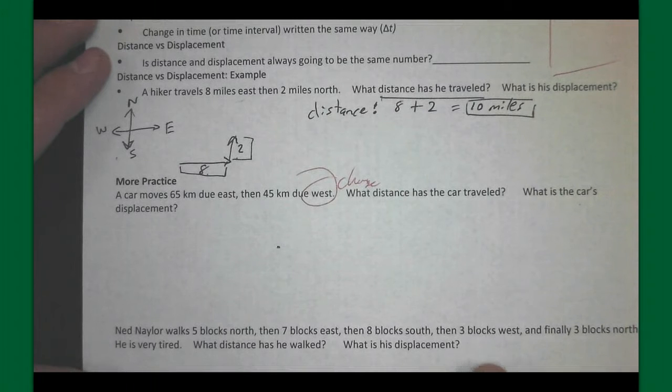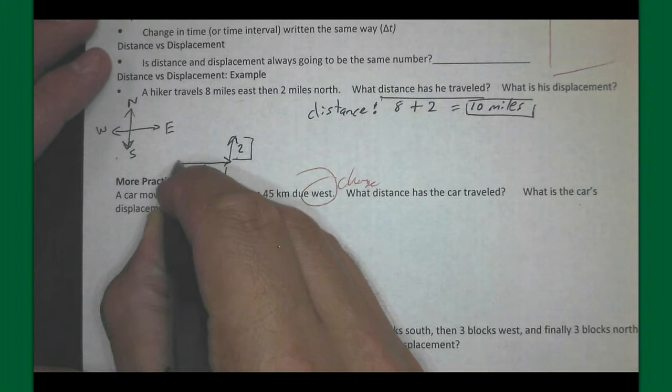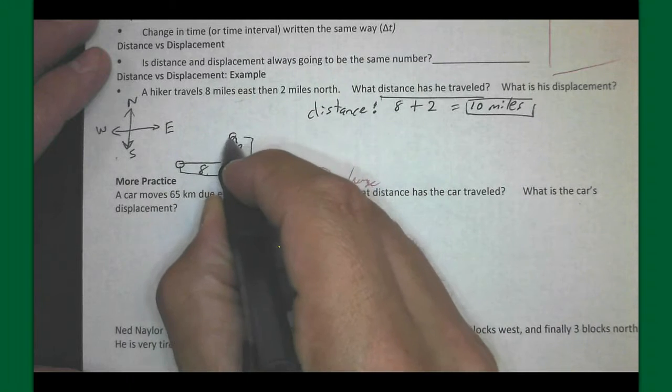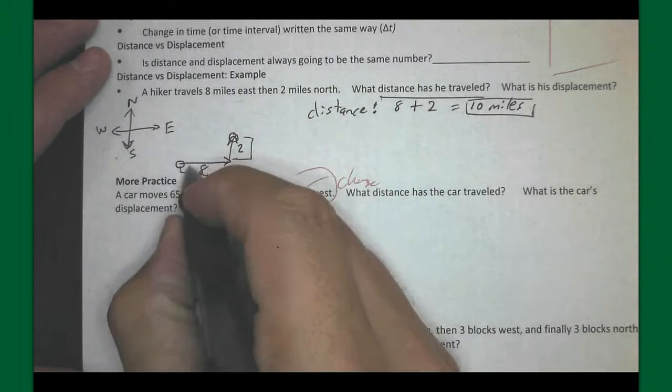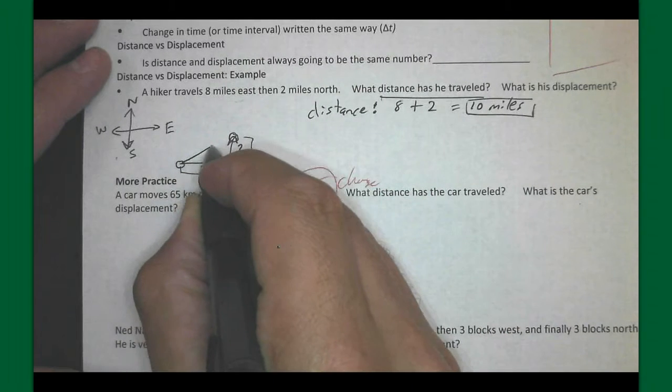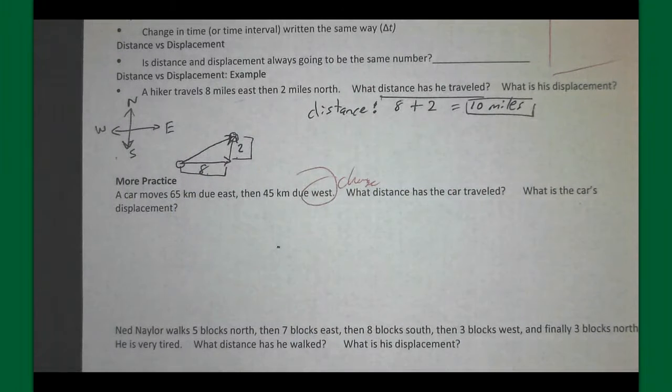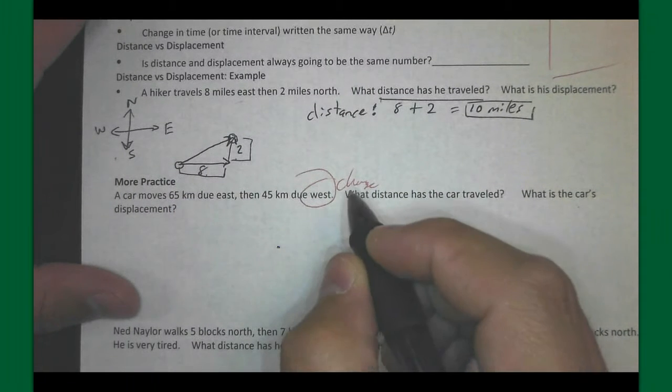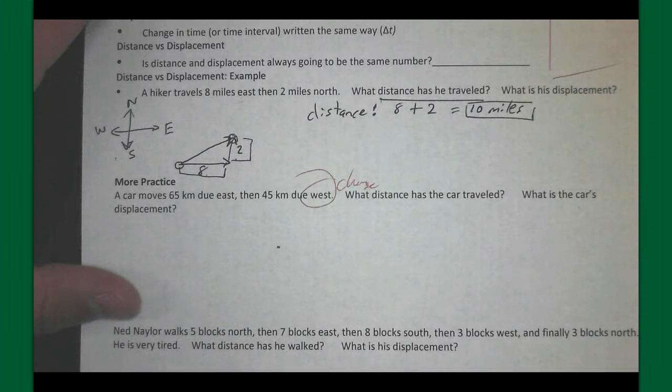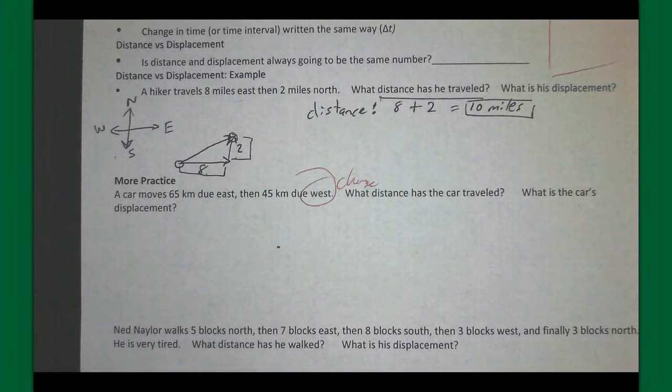In other words, you could say in this type of question, it's the straight line distance from the beginning of the trip to the end of the trip. Straight line distance. So literally, I will draw a straight line from the beginning to the end, and I want to know the length of that line. We'll talk about the exact direction a little bit later, but for now, we'll just simply look at the distance of it.